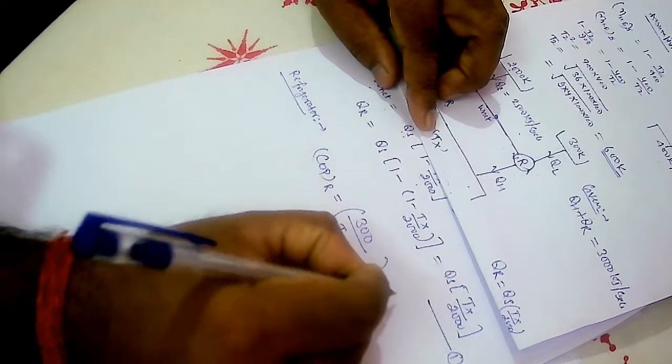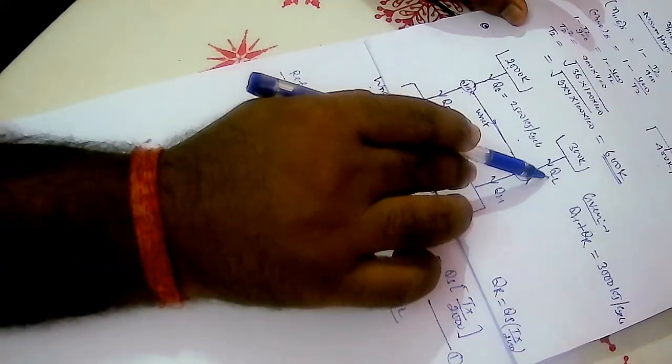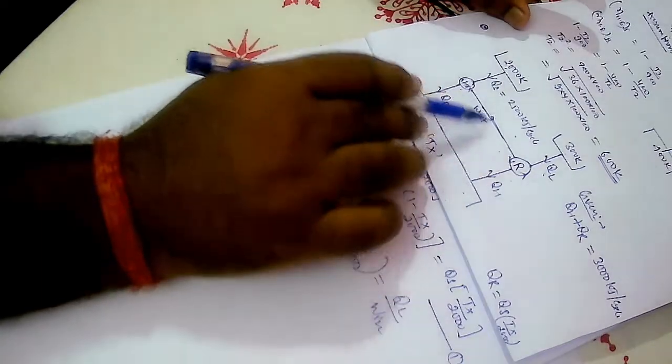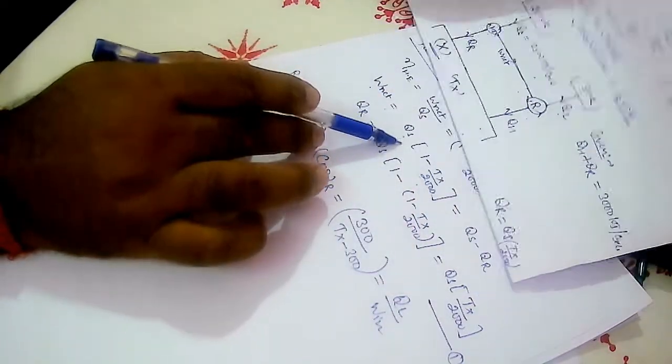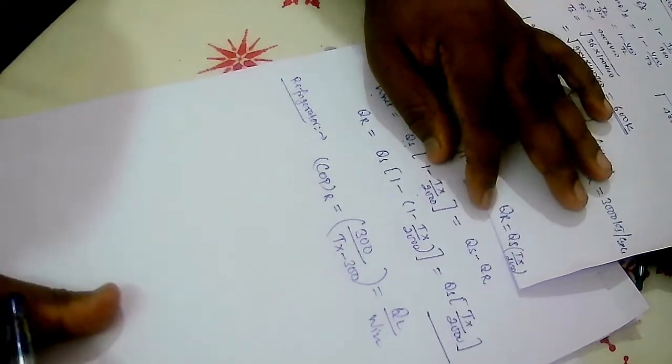This is nothing but Q lower divided by work input. The work input is nothing but W net, which is already given.